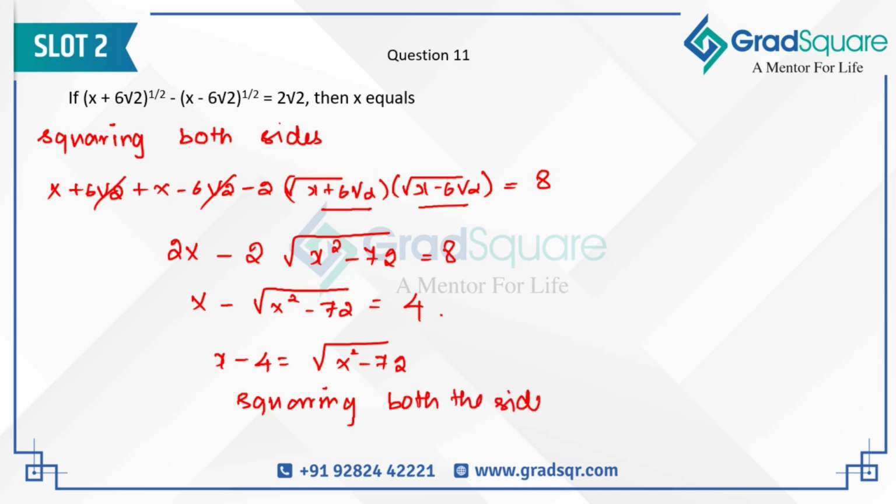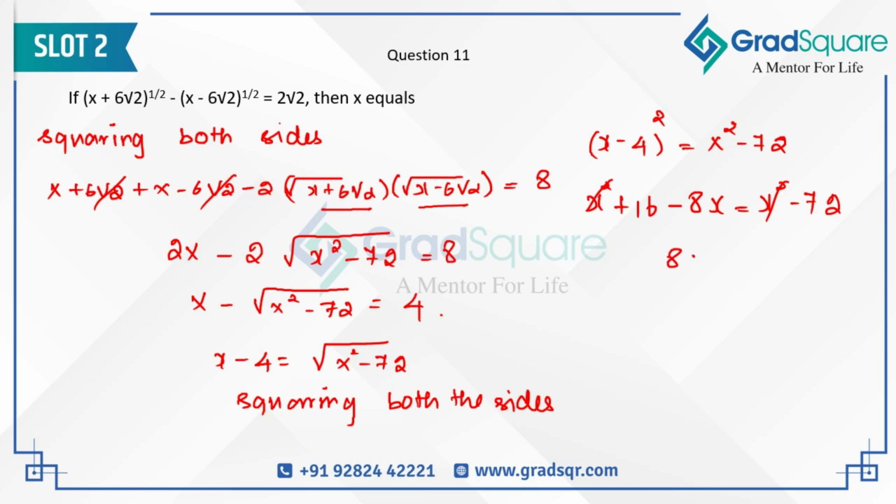Your left hand side will become x minus 4 the whole square, and your right hand side will be x square minus 72, and again a minus b the whole square format in the left hand side. So expanding, I get x square, b square will become 16, minus 2ab, it will become 8x, is equal to x square minus 72. Now x square gets removed, so which is going to be 8x to be equal to 88, and x is equal to 11, and that will be the answer for this question.